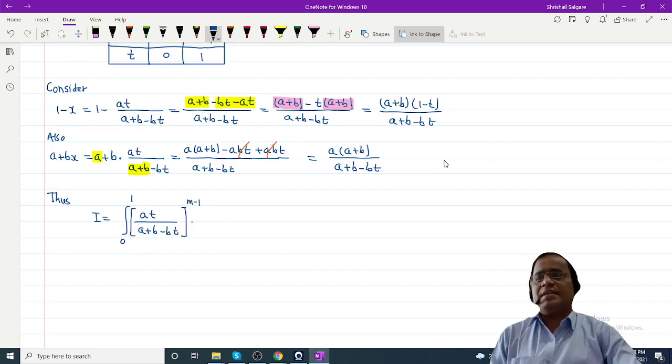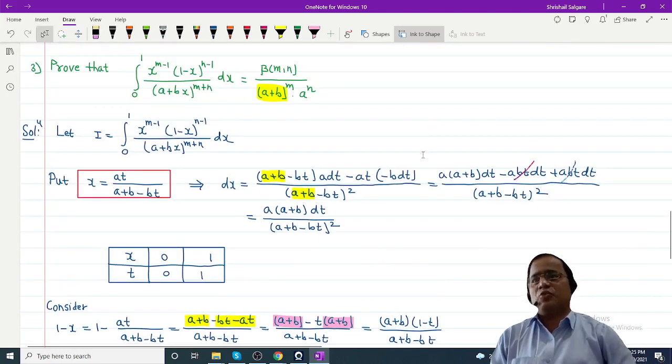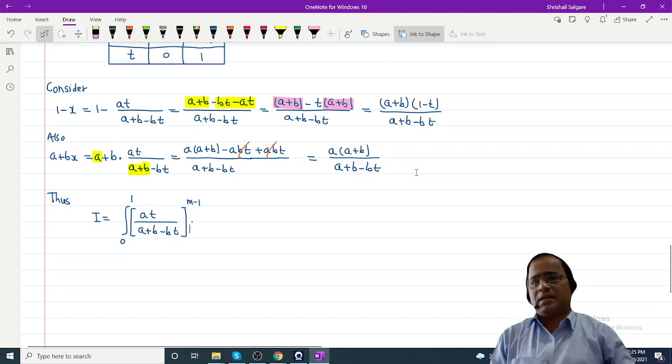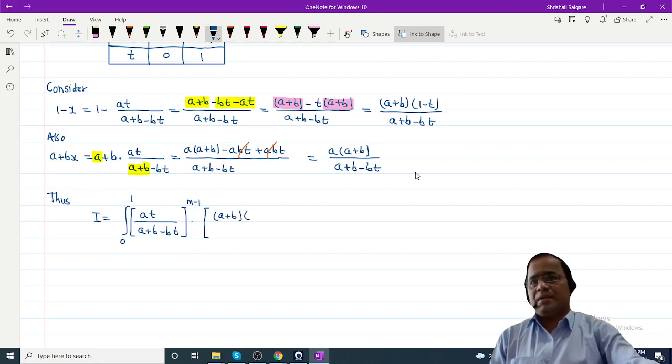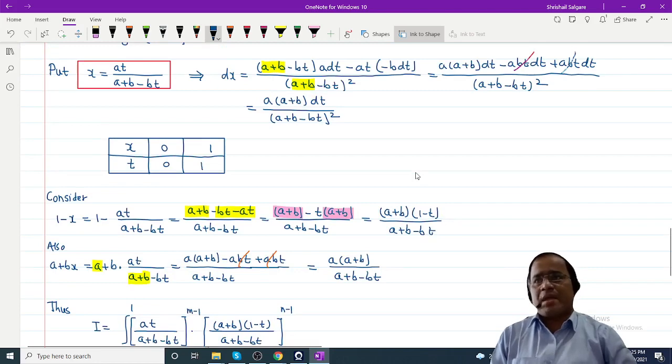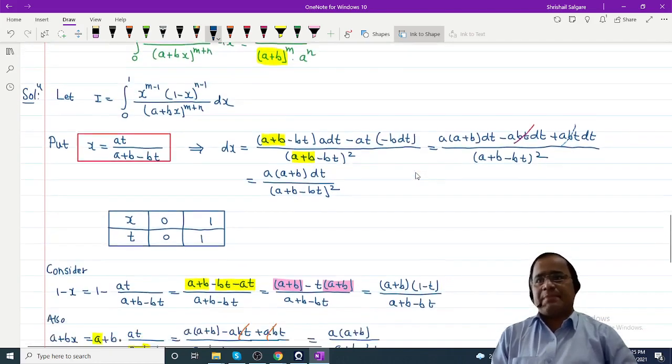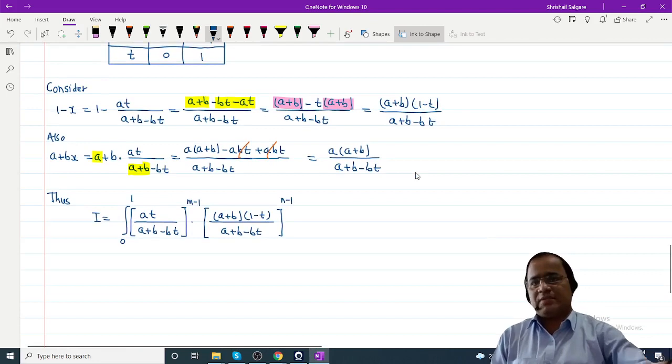Now the second one is the 1 minus x factor, that is in the numerator only, raised to n minus 1. So this can be written as a plus b into 1 minus t, that whole divided by a plus b minus bt, raised to n minus 1. And the next factor is a plus bx, and that term is in the denominator, so we have to take the reciprocal.